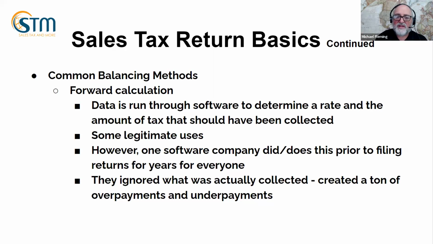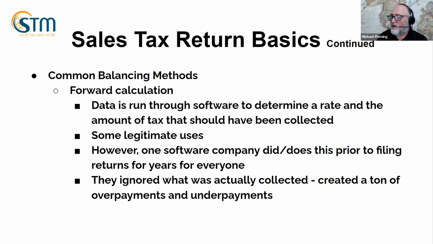They don't have the ability to put the exact rate in there, and then they will run it. When they give us the data, they have us do a forward calculation. We tell them what tax should have been collected. The excess tax is either remitted to the state if they collected too much, and if they collected not enough, then they will go ahead and make those adjustments.